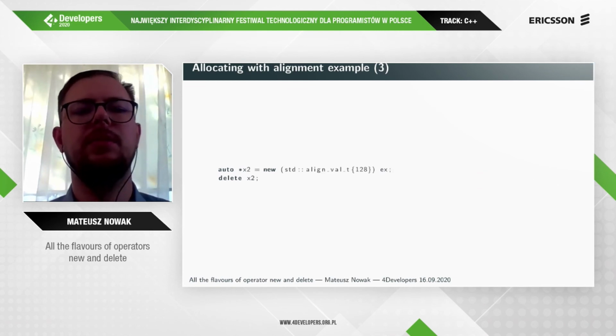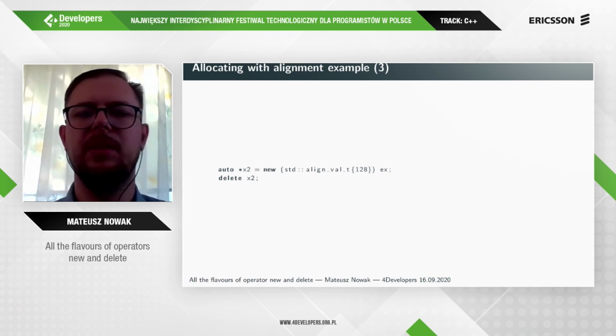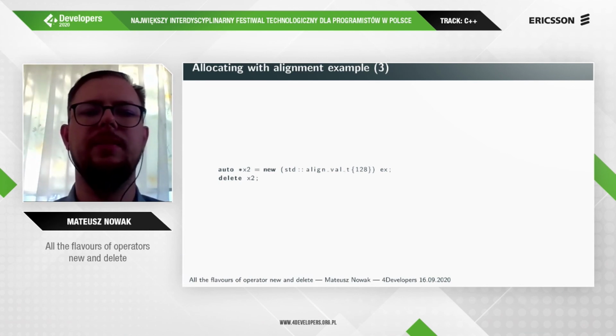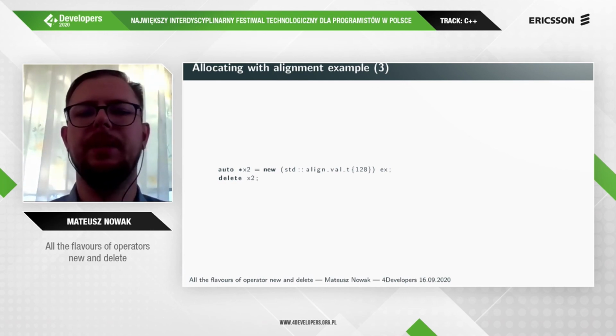Then we want to try to allocate with alignment. So we are passing again, similar to no-throw or placement, the parameter to the new expression in parentheses after the new keyword and before the type name. So here we have to put the std::align_val_t. In this case, we want 128 bytes of alignment.